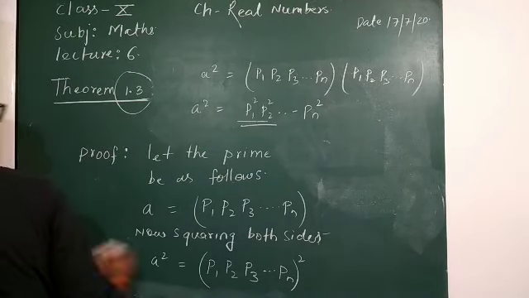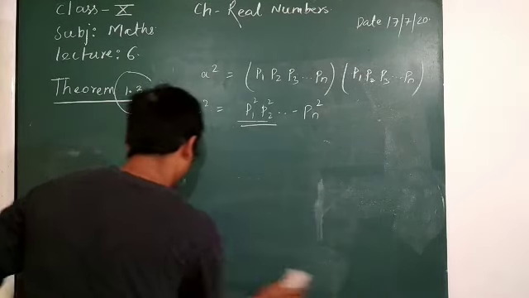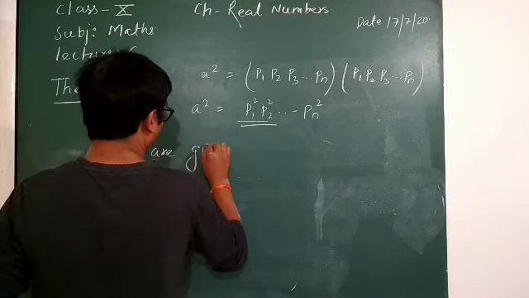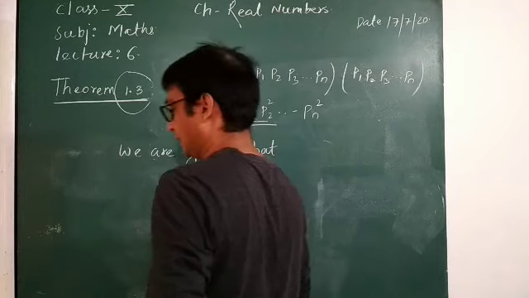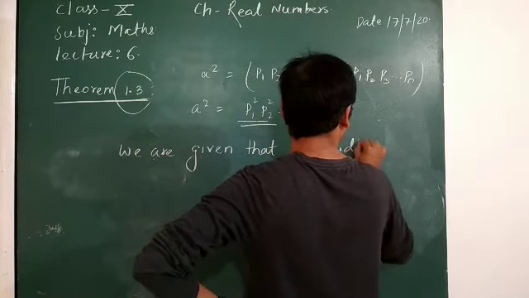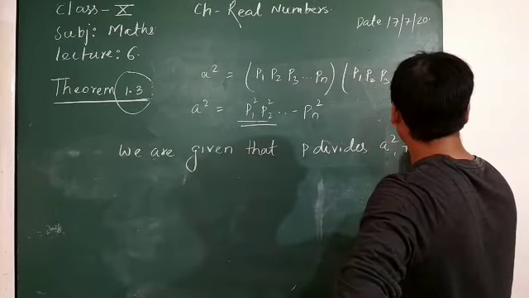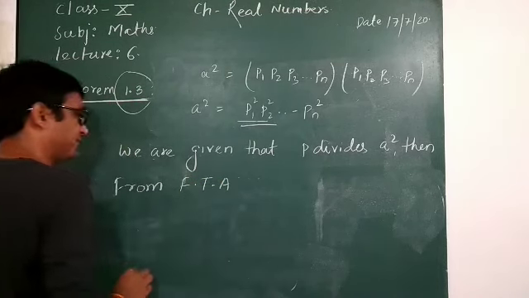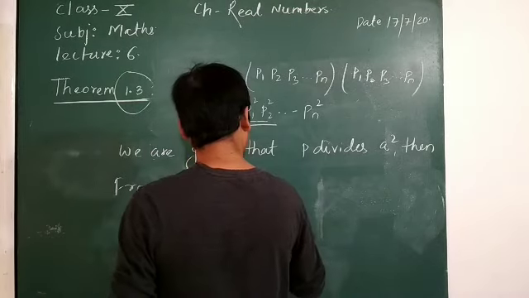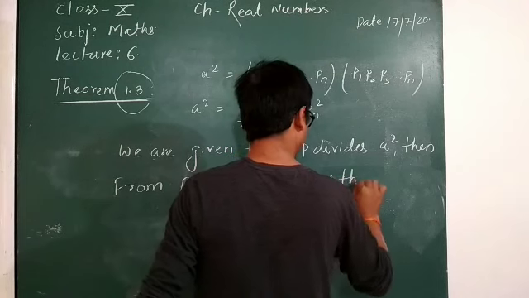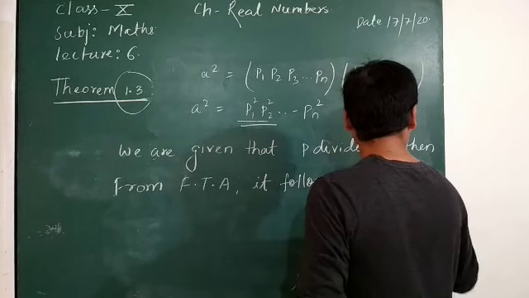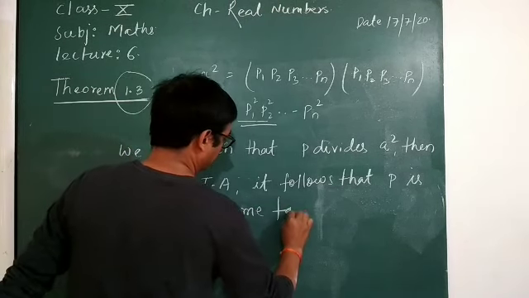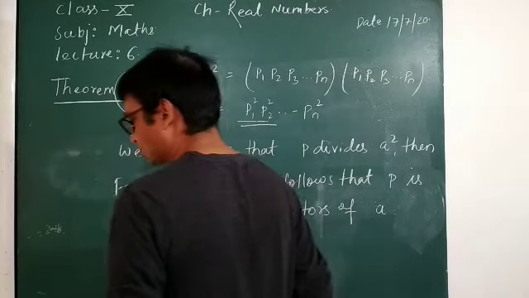So we can write here that we are given that P divides A square, then from the fundamental theorem of arithmetic, FTA, it follows that P is one of the prime factors of A square.